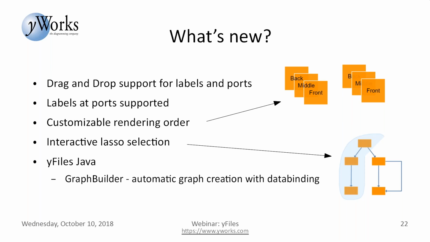We support labels at ports. Previously, labels could be only added to nodes and edges. So ports, just for clarification, ports are the connection points. The connection point of an edge at a node is called a port. So now you can add labels to that.